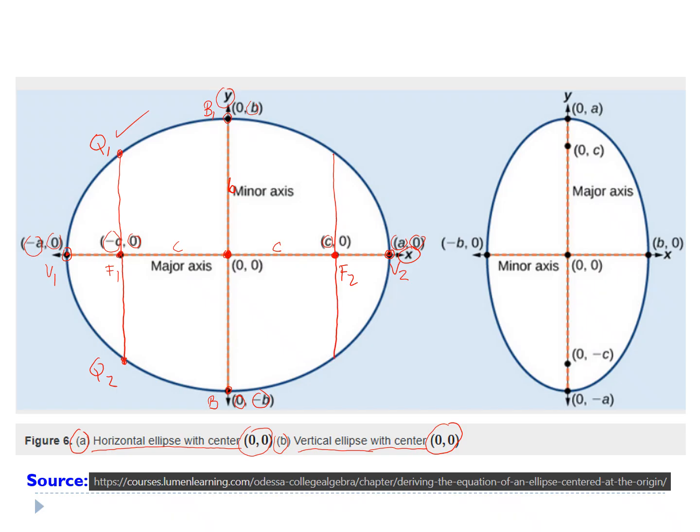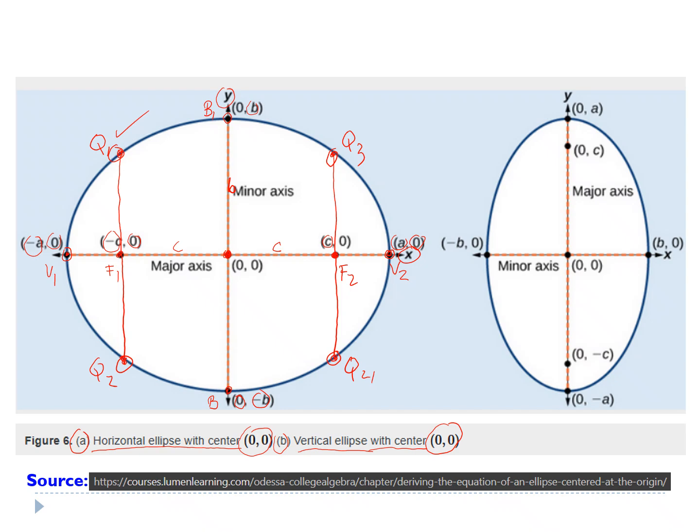Let us call this point Q3, and here let us call this point Q4. Both of these are called latera recta. So these are the ends of the latera recta, Q1, Q2, Q3, and Q4. You can designate these with any letter you want.